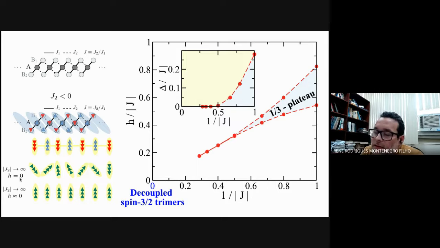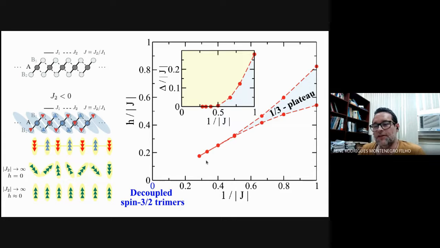In particular, if J1 is 0, we will have spin 3/2 decoupled units here, and any value of the magnetic field will orient these spin 3/2 units.